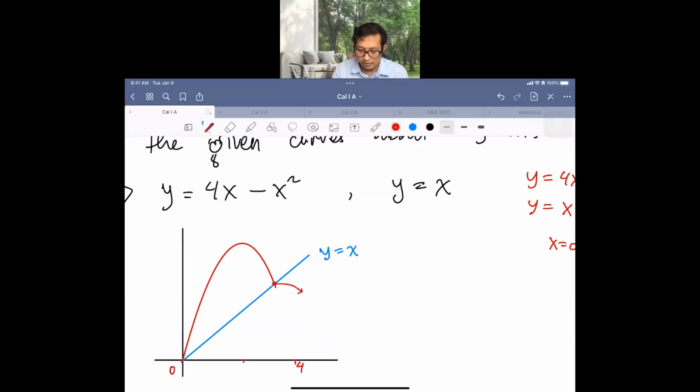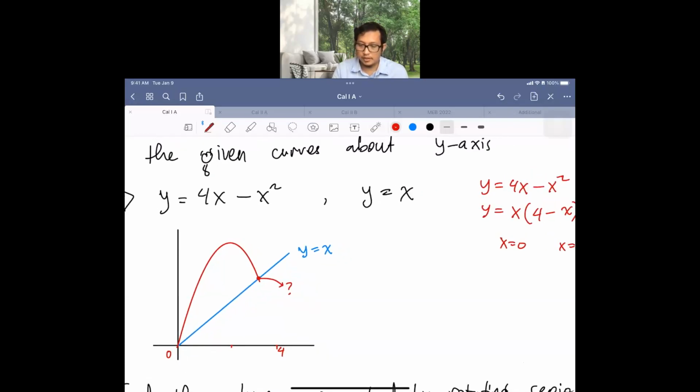We set 4x minus x squared equal to x. So 3x minus x squared equals 0, or x times (3 minus x) equals 0, so x equals 0 and x equals 3.